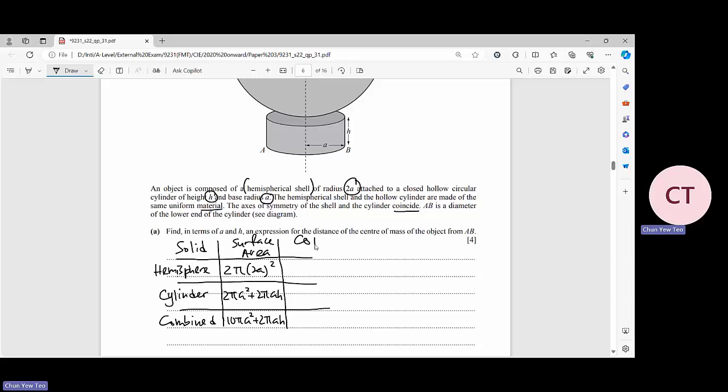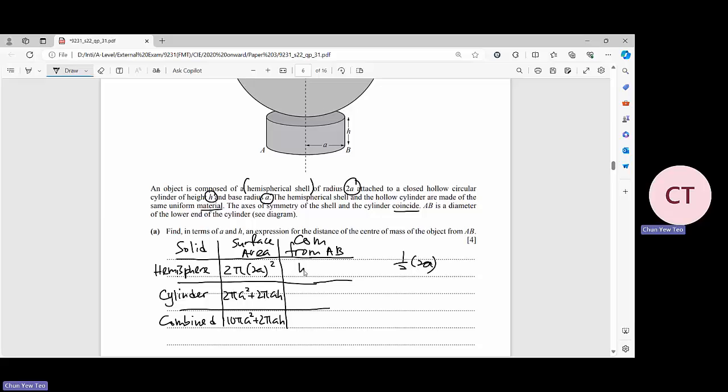So this is the center of the mass from AB. For the hemispherical shell, according to the formula booklet, just check the formula booklet, the height is actually half of the radius.